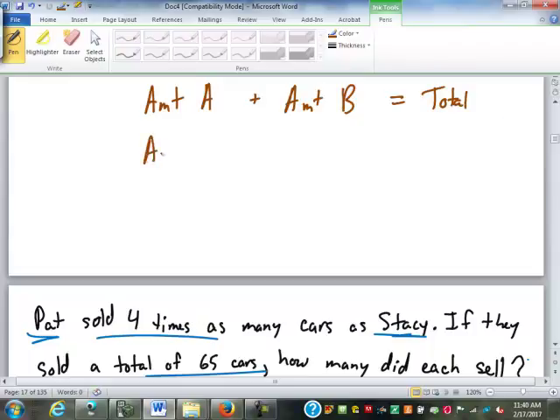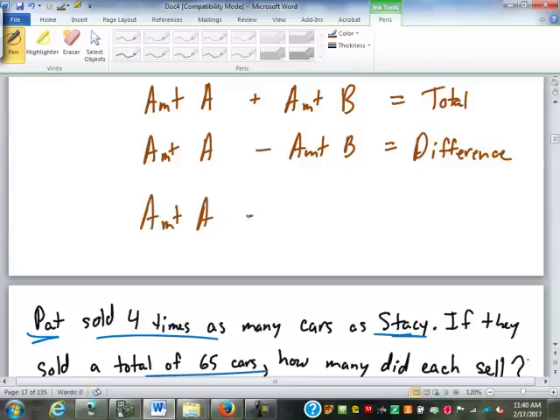We also have one where the difference between amount A and amount B is given. So we're subtracting 2 amounts to get a difference. And then a third type of problem is where those 2 amounts just have to be equal to each other. So we have basically 2 different ways of expressing the same amount.